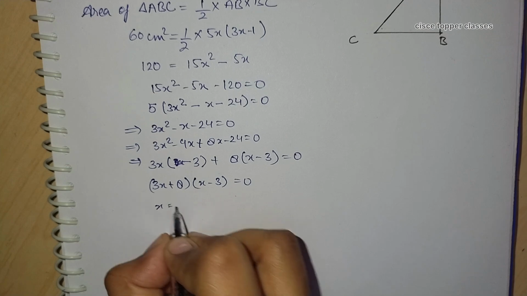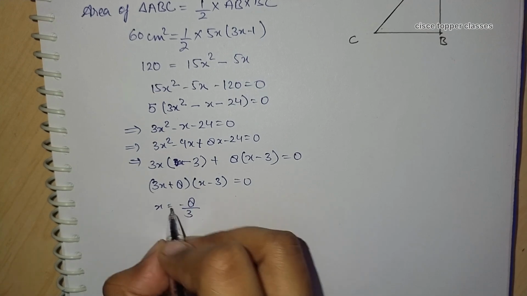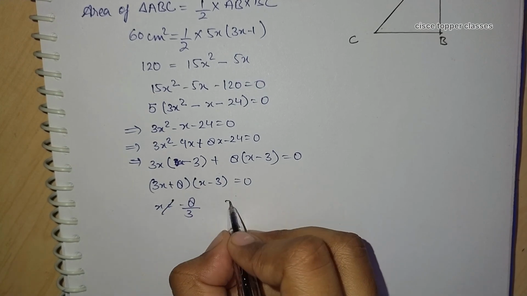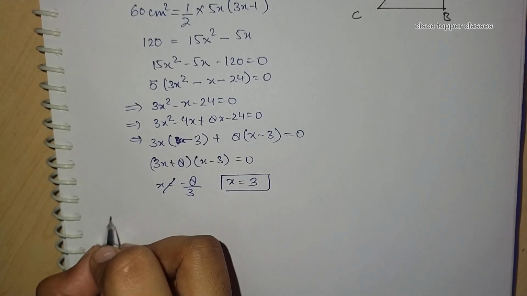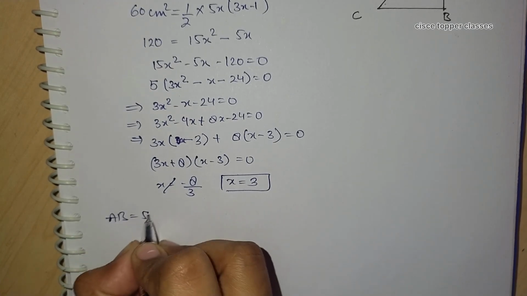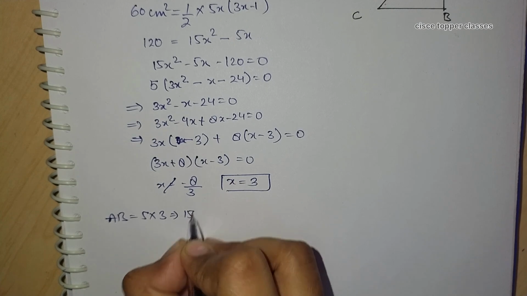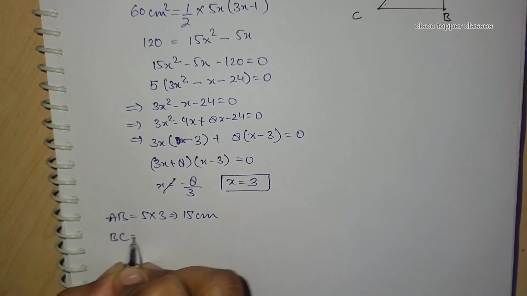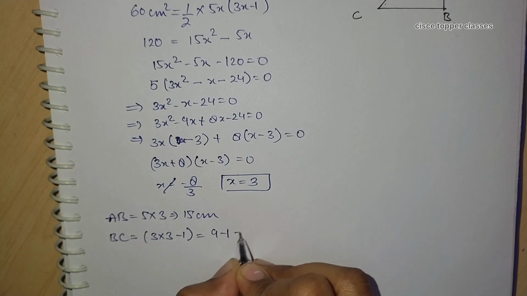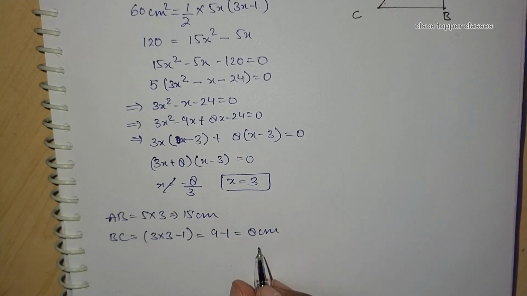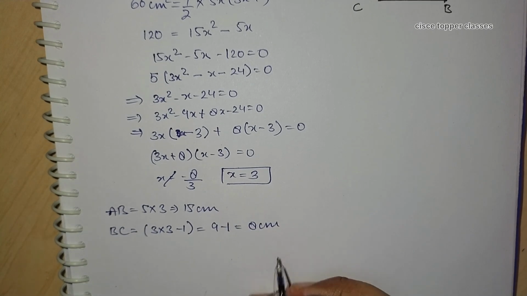As x is equal to minus 8 by 3 is not possible, so this will not be the value of x, and here x is equal to 3 is the value of x. From that only we can write the value of AB as 5 into 3, so this will be 15 centimeter, and BC is equal to 3 into 3 minus 1, equal to 9 minus 1 equal to 8 centimeter. So BC is equal to 8 centimeter here.